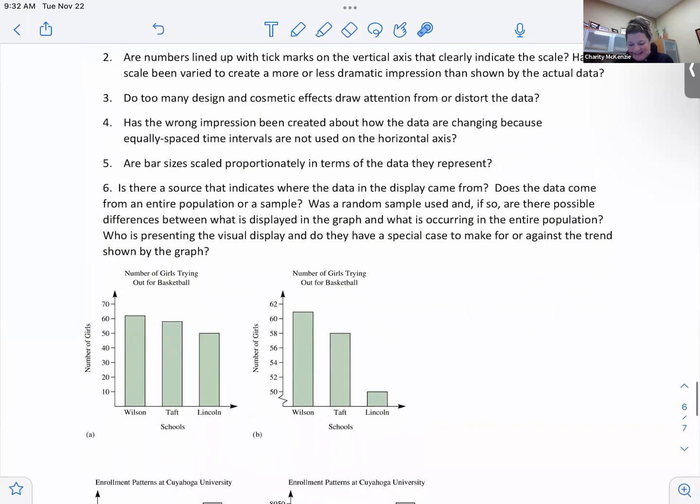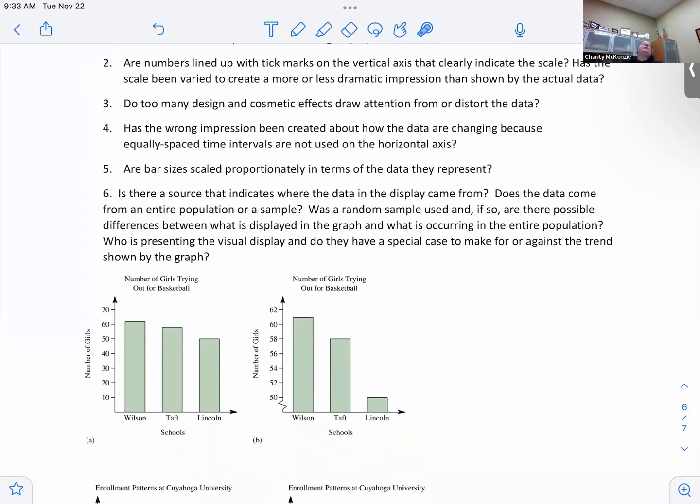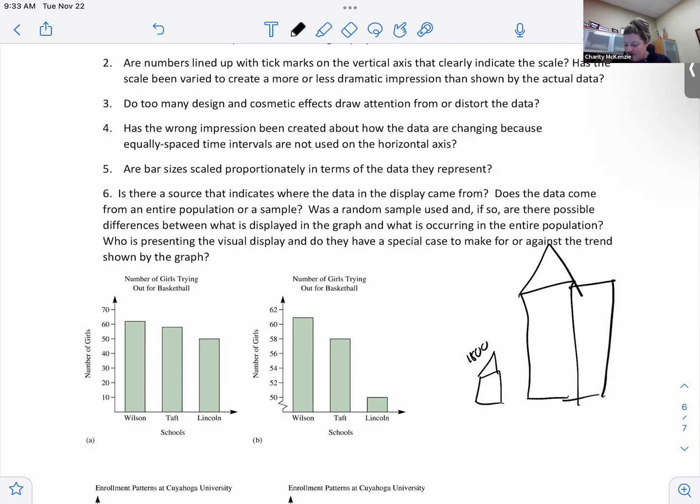I had this one graph. I usually show it in my live class, but it has a picture of a house like this, and it says in 1980, this was the size of the house, about 1,800 square foot. And then in 2000, whatever, here's the size. Oh man, that's a beautiful house.